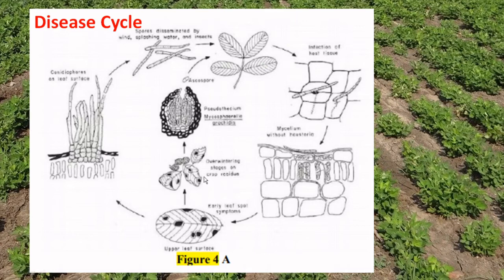Such infected leaves or leaflets may fall down, and the debris may accumulate in the soil. There are two different ways by which this life cycle may be further continued. As the debris is detached from the plant, it may overwinter in crop residues, and that produces special structures generally referred to as perithecia.